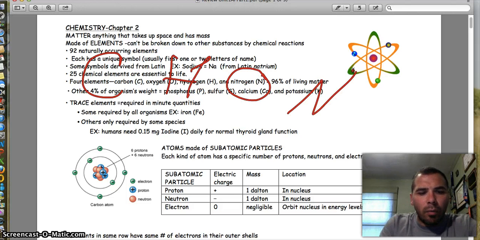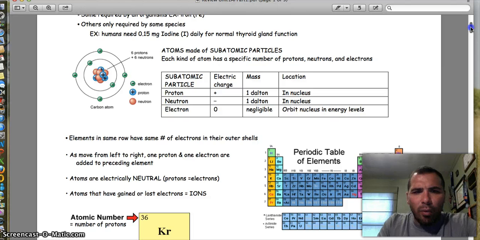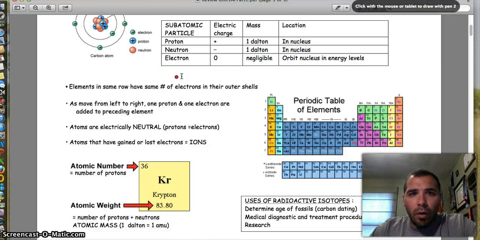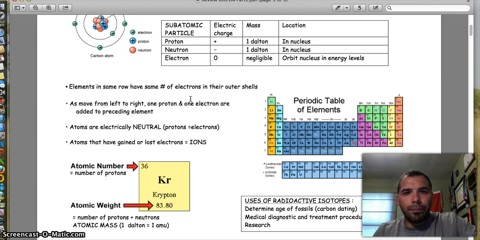That's the big thing when we talk about this section, those four main elements. We won't get too much into trace elements. Hopefully you remember the proton, the neutron, and the electron, and that the one we're most focused on is our buddy the electron. Remember it can have 2 in the first orbital, and then as far as we're concerned, we're looking at 8. And so that's your whole idea of the valence electrons.